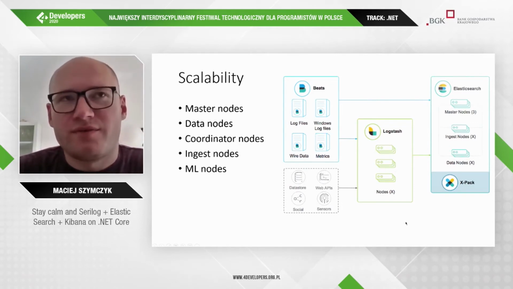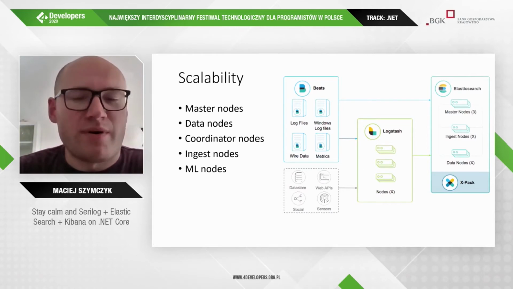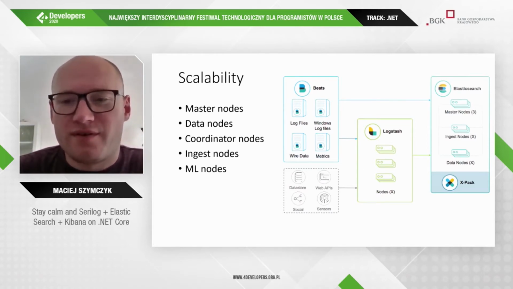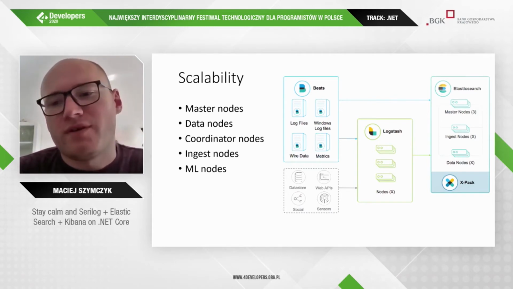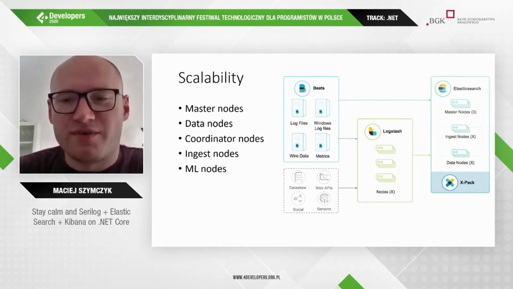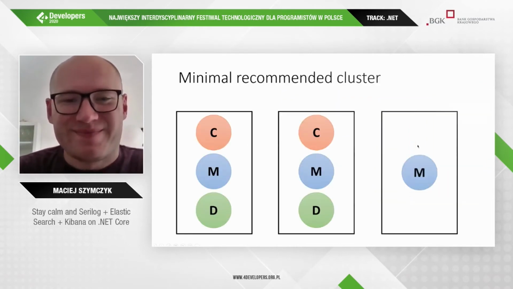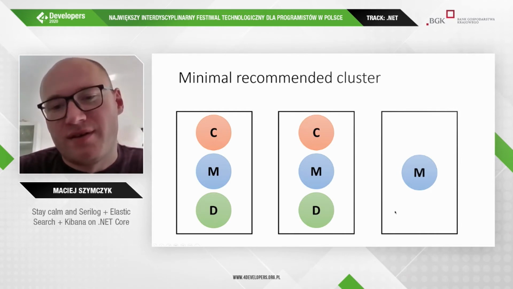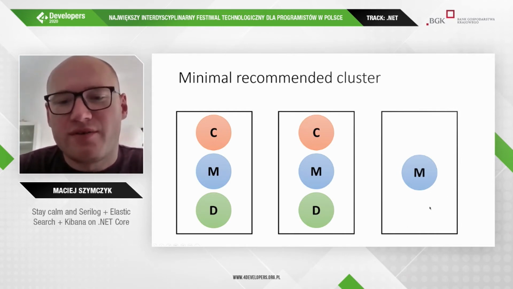And data nodes will be the most powerful, the most beefy, with a good amount of CPU and RAM, with fast hard drives. And we can scale this to enormous sizes. The minimal recommended cluster for Elasticsearch is 3 master nodes and 2 data nodes, but you can for sure put another data node on this host, and coordinator nodes.